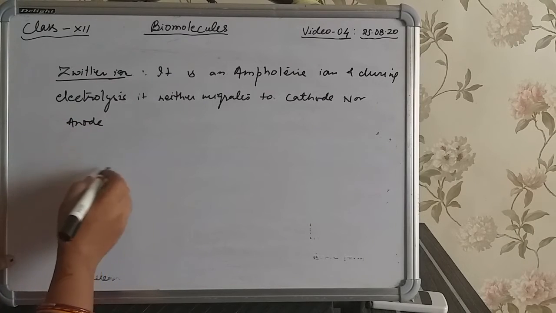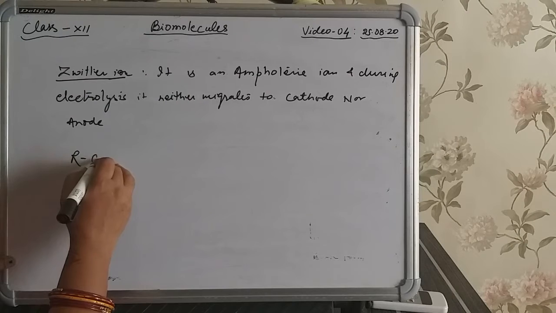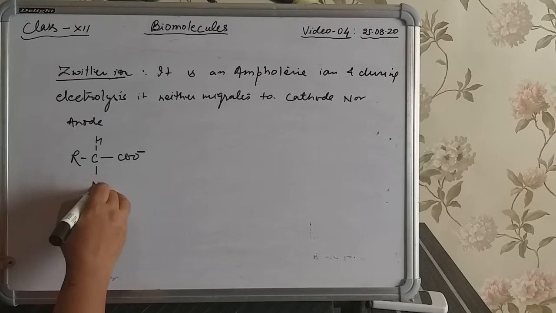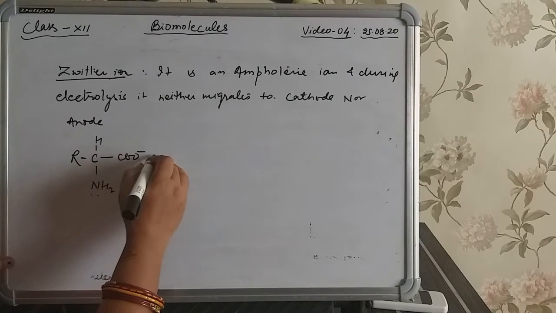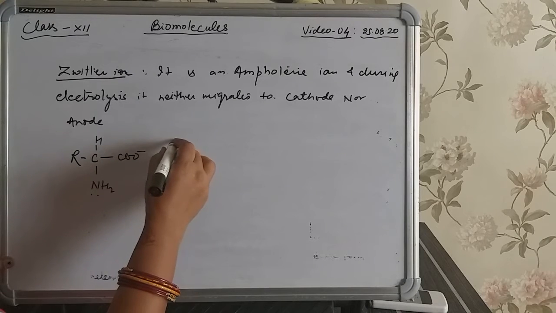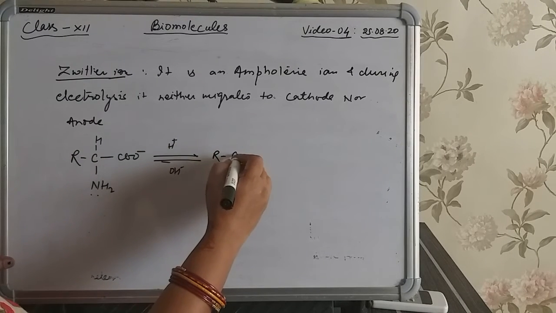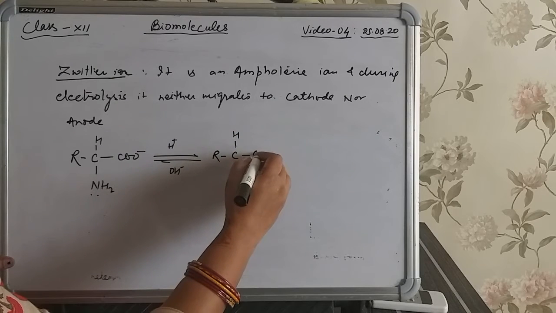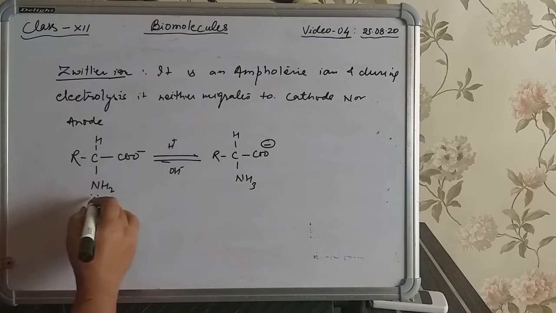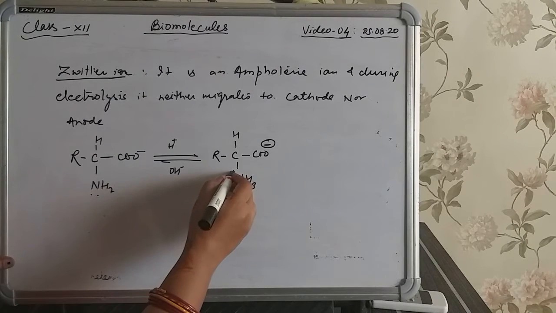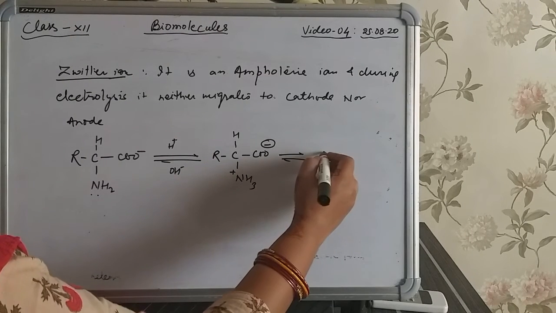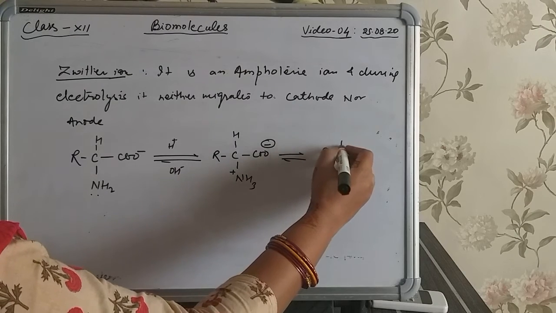So we have discussed here CH and NH2, if we provide H plus or OH minus. CH, COO minus, and due to presence of lone pair it accepts H plus from the water, or you can represent by this also.